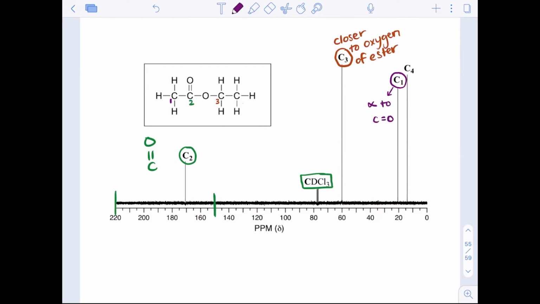And then our final carbon 4 here, beta to oxygen. So again, doesn't get shifted downfield as much, and it is the furthest away from any sort of electronegative source. So this is how we can whittle through a carbon-13 spectrum.